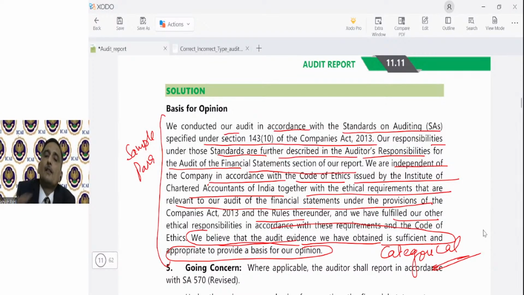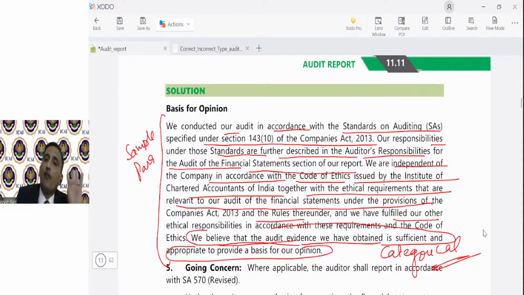So he has got sufficient and appropriate evidence which shows that financial statements are free from material misstatements as a whole, materially. Okay, so clear guys. So we have done 4 points: title, addressee, opinion, and basis for opinion.